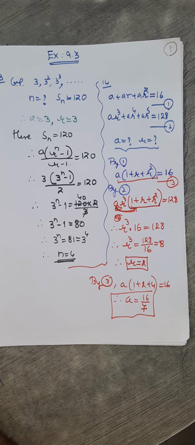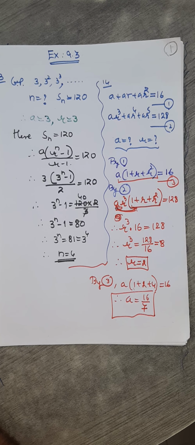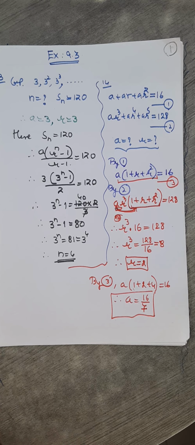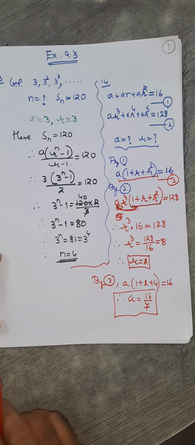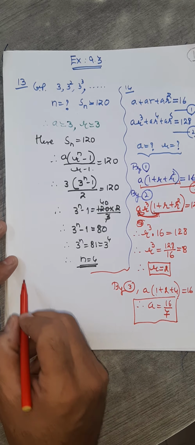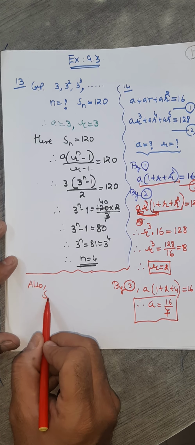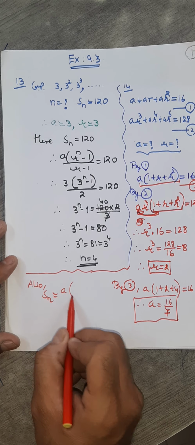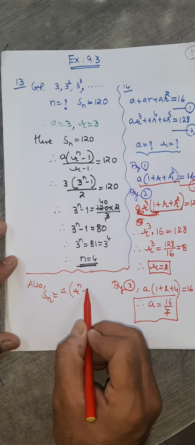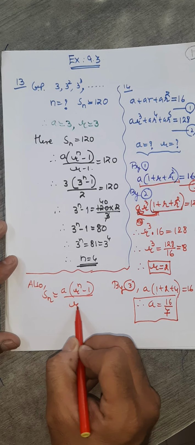Now what is asked further? Further something more you are asked. That is nothing but what? Sum of n terms of this geometric progression. So further you want this also. What you want? Sn. N terms. A into r raised to n minus 1 upon r minus 1.